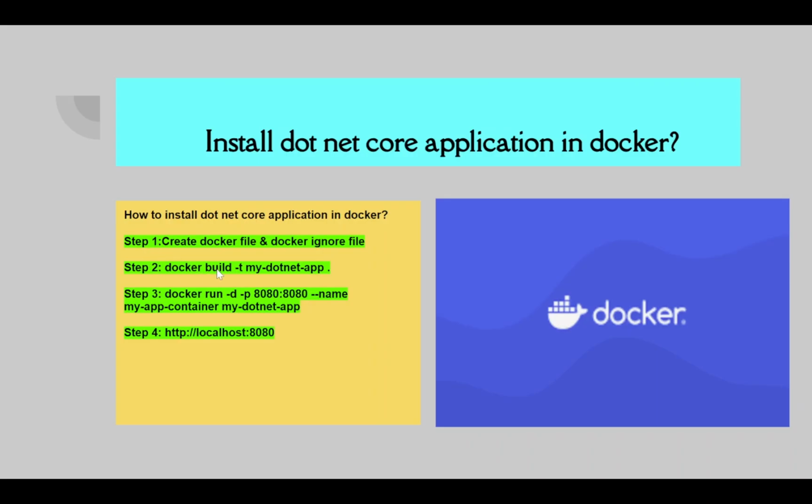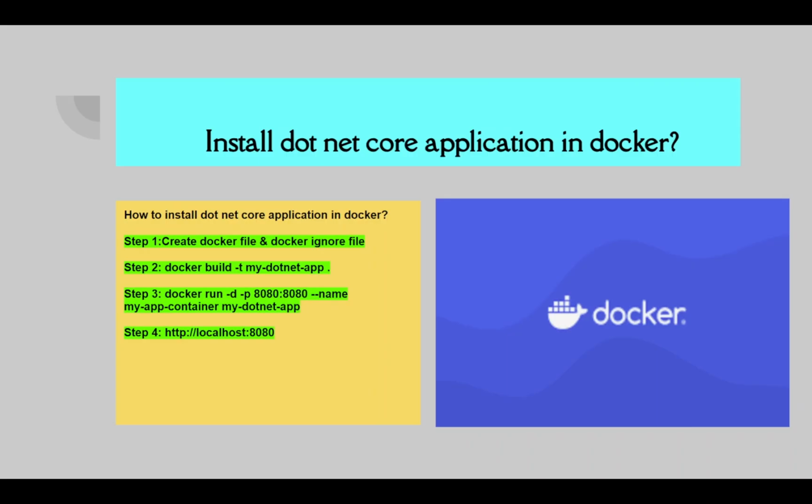This is going to use the Dockerfile, build the image, create the image in Docker Desktop, and then deploy your image as a container and expose it. You can access the application by using localhost.